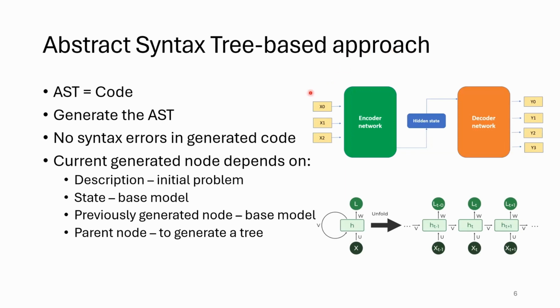This architecture can be seen on the top right side of the screen, which has an input from x0 to x2, which is all encoded. Some computation is done inside the hidden state, and then the decoder comes in and generates 4 tokens instead of 3, from Y0 to Y3.